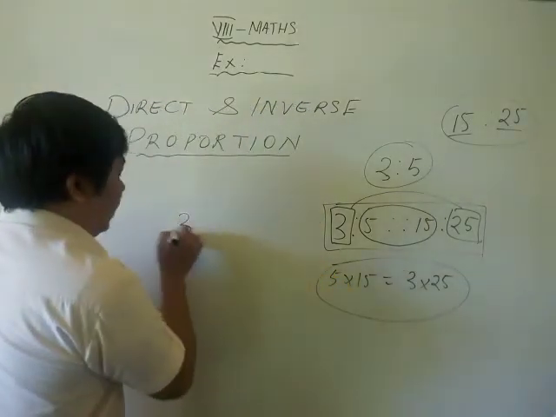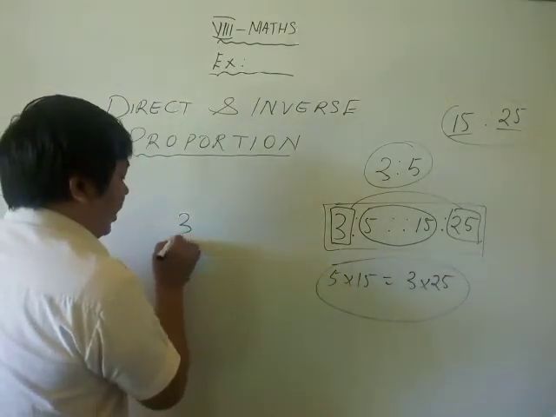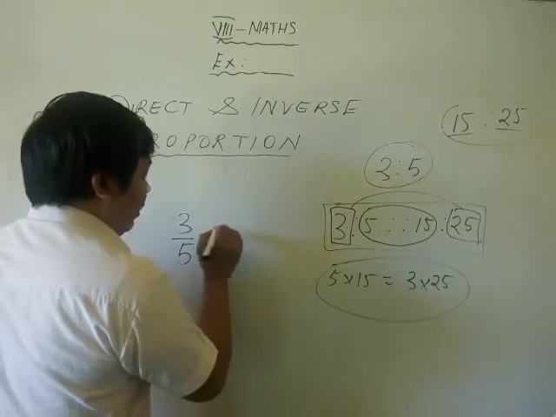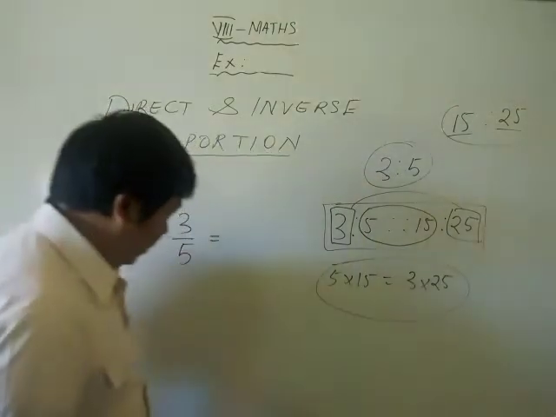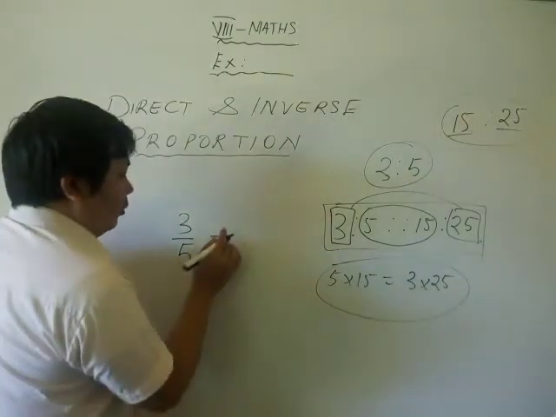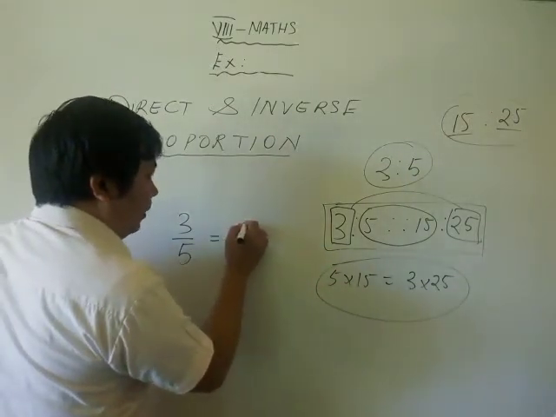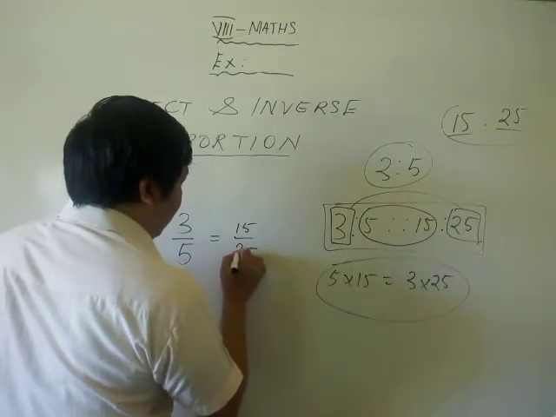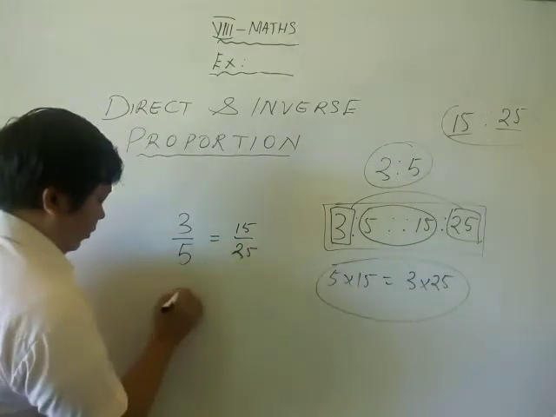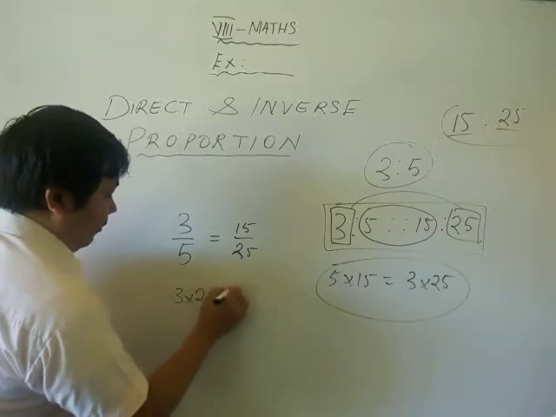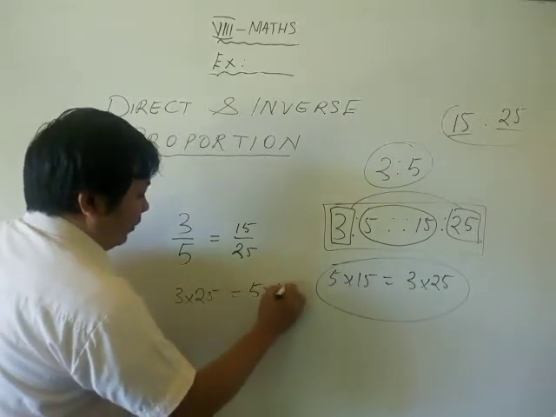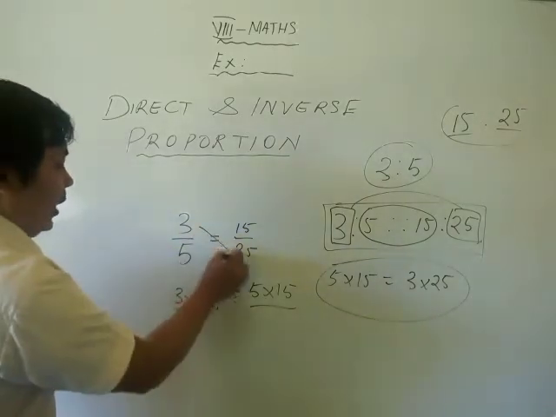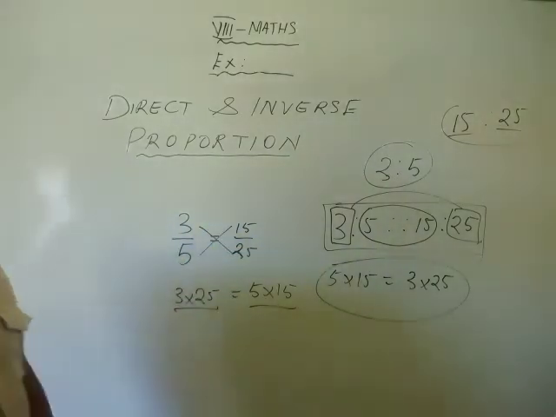See, my dear students, 3:5 can be written as 3 by 5, equal to, in proportion to, 15 by 25. So what happened? Cross multiplication. 3 into 25 is equal to 5 into 15. This is what we are getting. We have done the cross multiplication, isn't it?